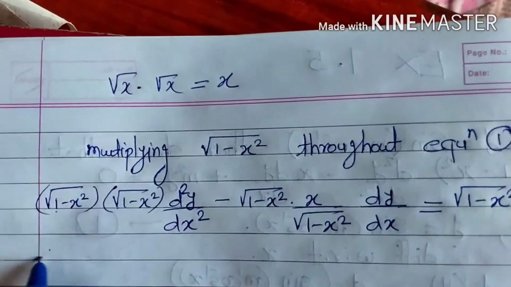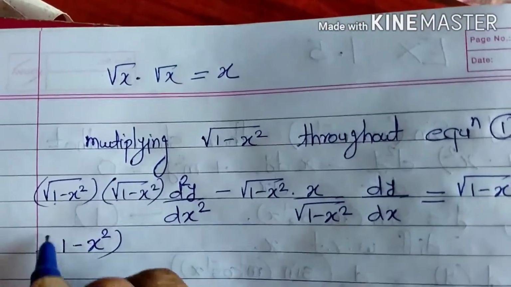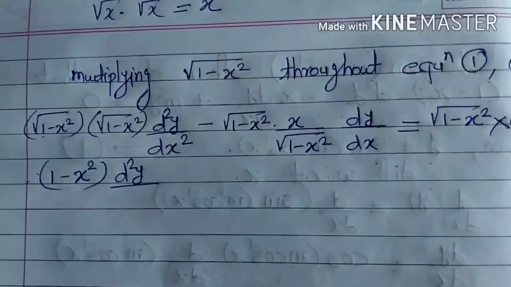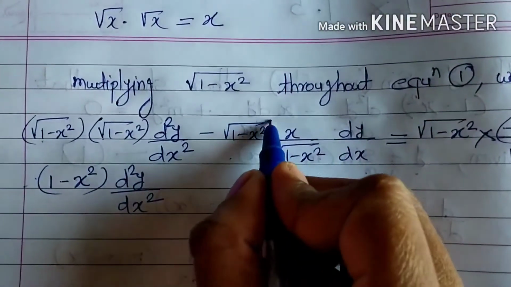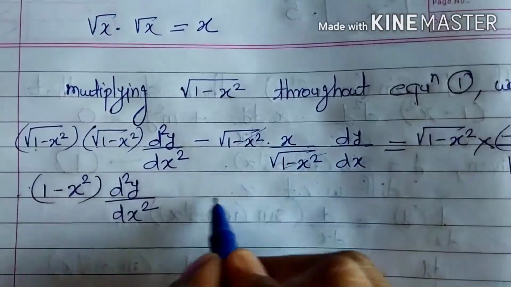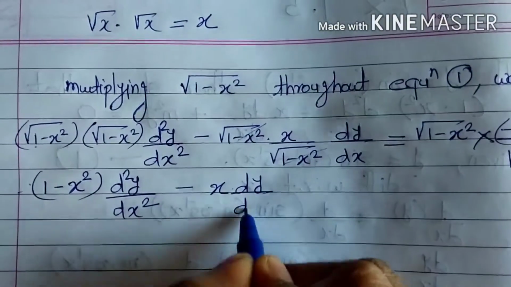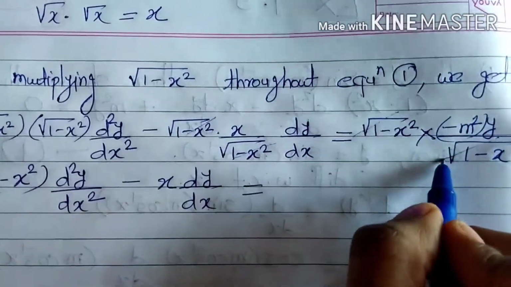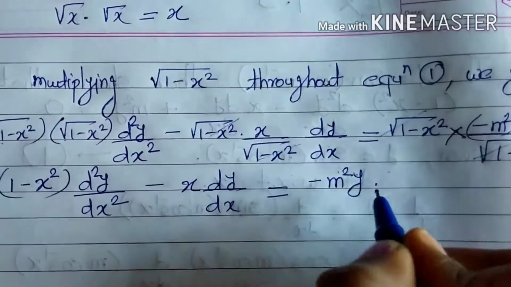So use this, we get 1 minus x square into d2y upon dx square. This under root of 1 minus x square and this under root of 1 minus x square cancels, so remaining only minus x into dy by dx, which is equal to this under root of 1 minus x square, this under root of 1 minus x square cancels, so remaining here minus m square y.